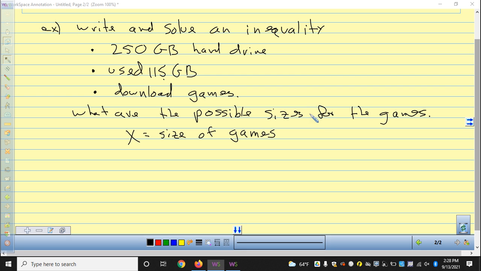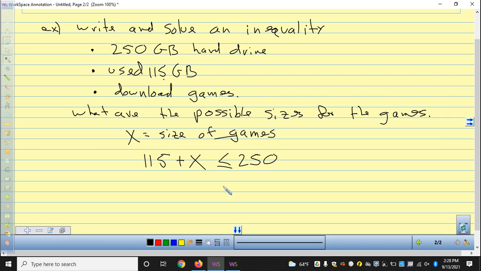We know that altogether, everything that we have on our hard drive has to be less than or equal to 250 gigabytes. What we have on our hard drive is 115, and we want to add some more of the games. 115 plus x is less than or equal to 250.